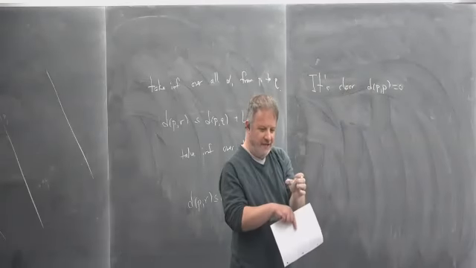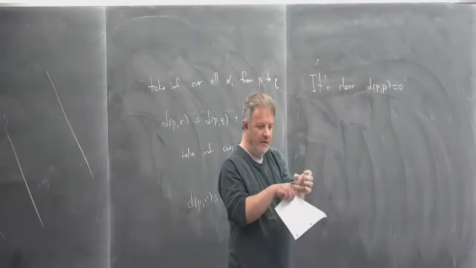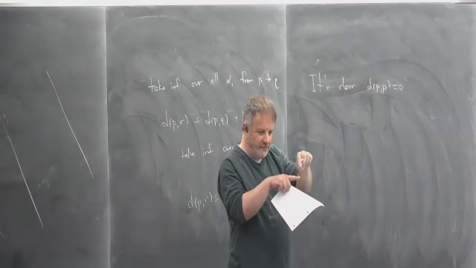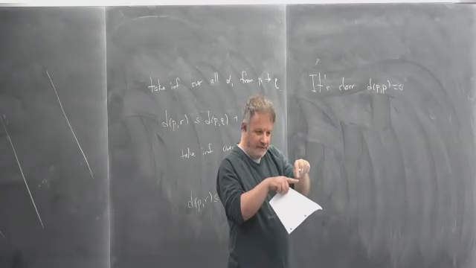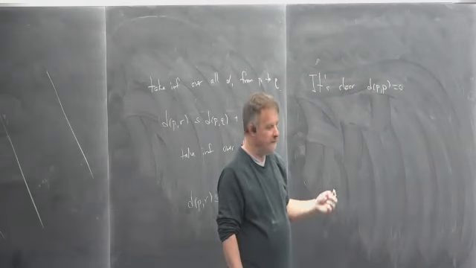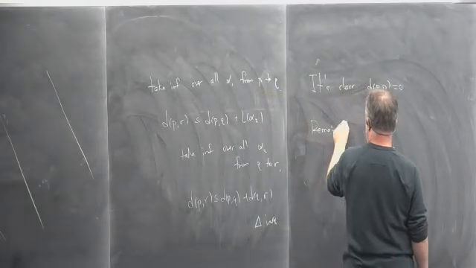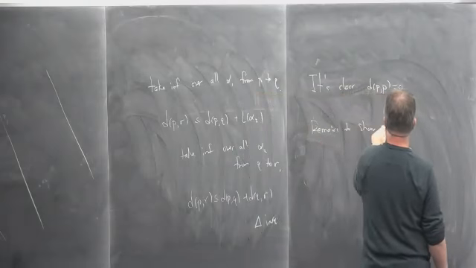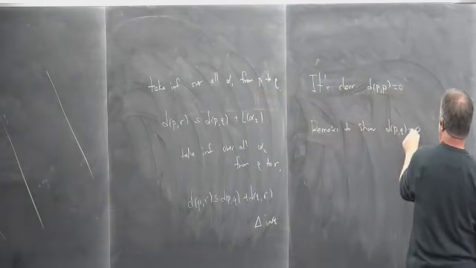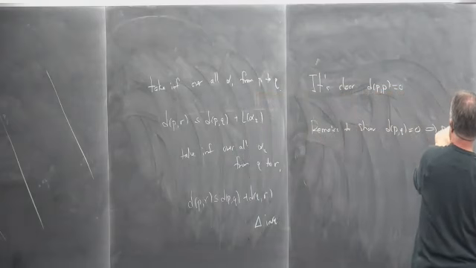If you don't like that, just take an open neighborhood of P, let's say a coordinate neighborhood, and look at little loops going from P to P, and you can make those as small as you want, right? So the inf is 0. So it remains to show that the distance from P to Q equals 0 implies P equals Q.